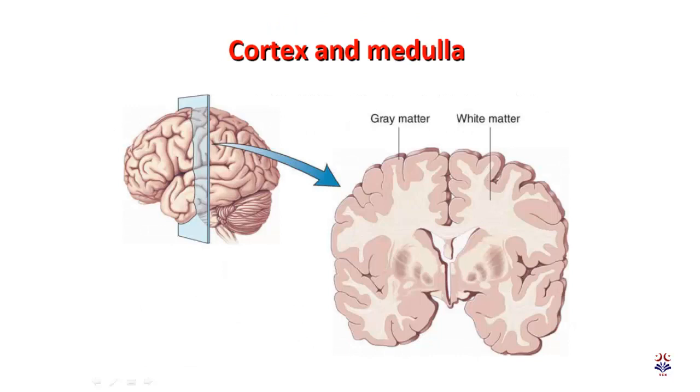Here we can see in the section, this is coronal section. Outside is gray matter, it is cortex, and this is medulla, the inner portion, which is white matter. And it is opposite to the spinal cord, in which gray matter is inside and the white matter is outside.